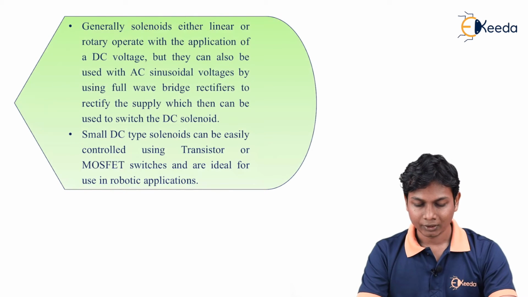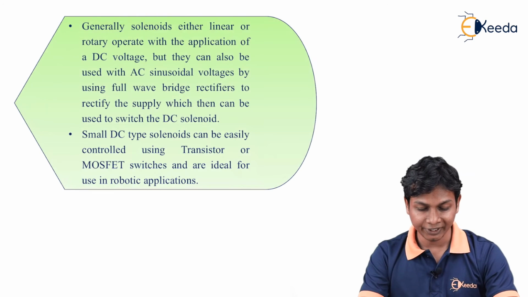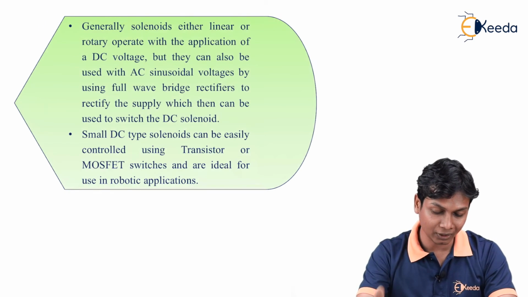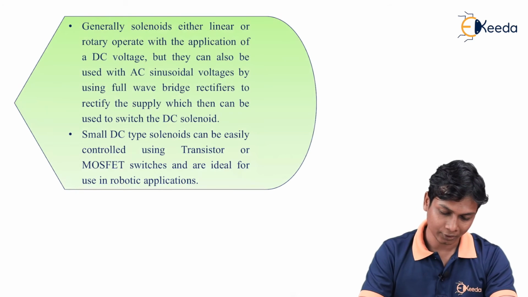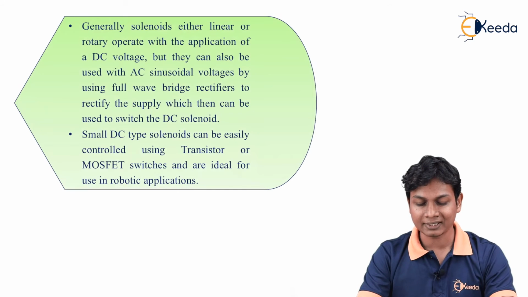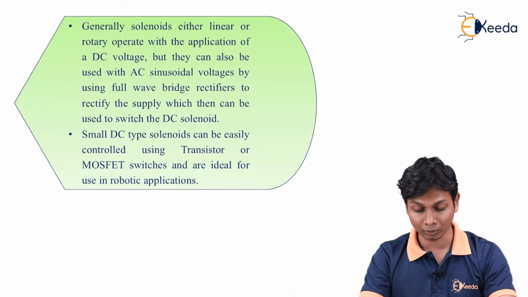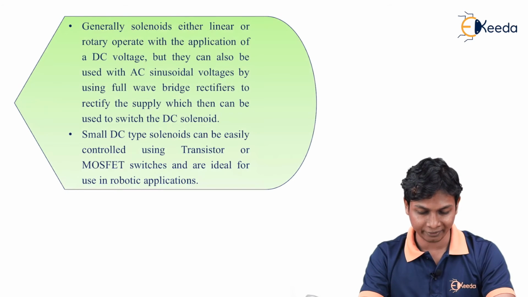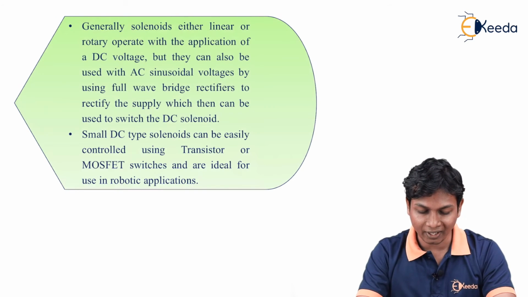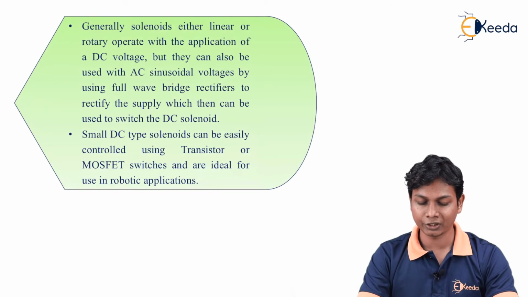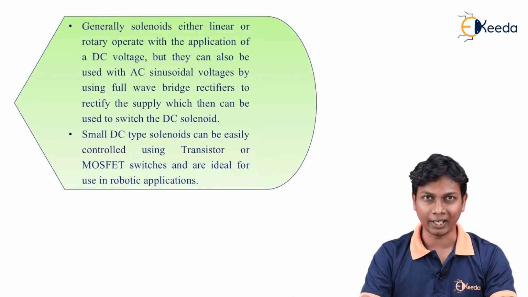Generally, solenoids are either linear or rotary, and they are operated with the application of DC voltage, but they can be used with AC sinusoidal voltage also, by using a full wave bridge rectifier to rectify the supply, which can then switch the DC solenoids.